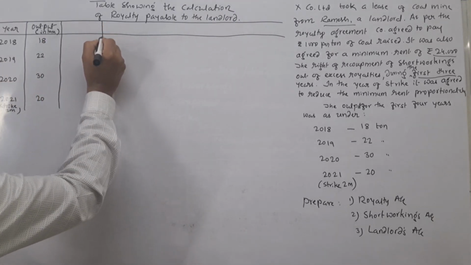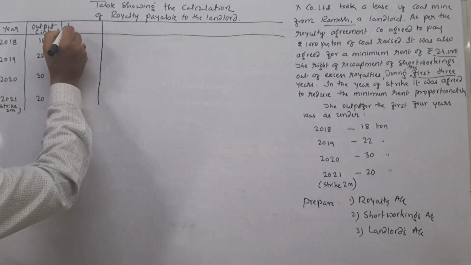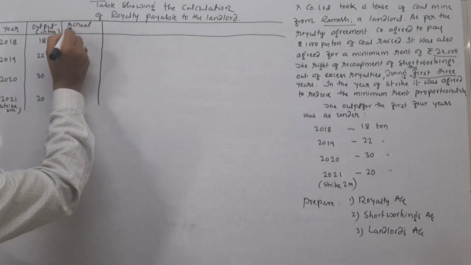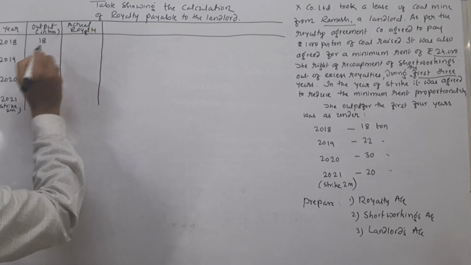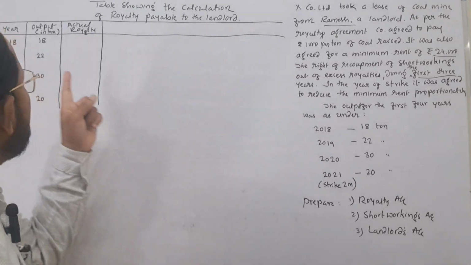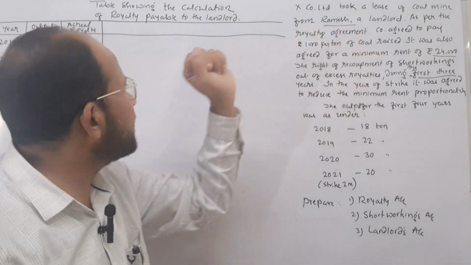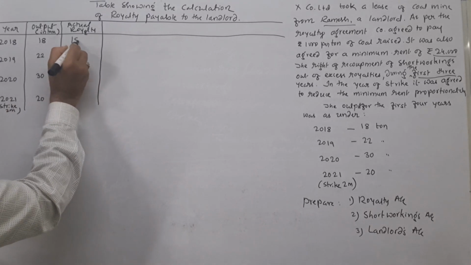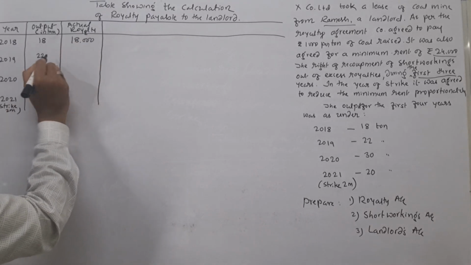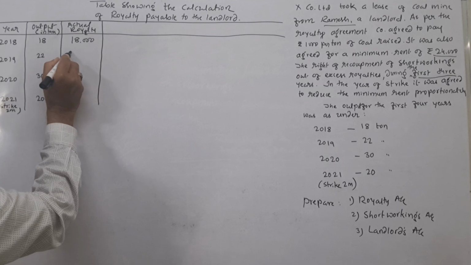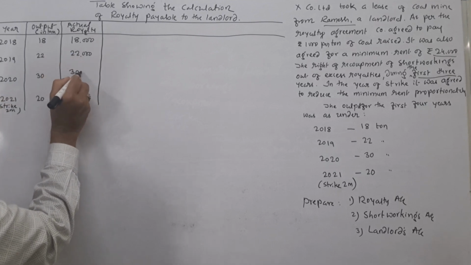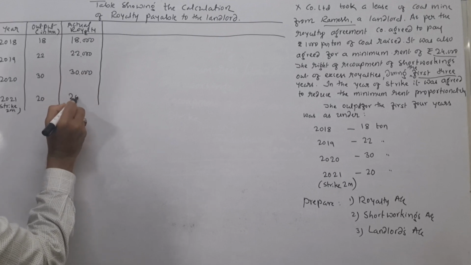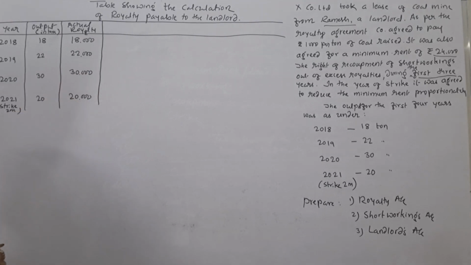Now, we calculate actual royalty in rupees. It comes to how much? It comes to, see, 18 into 1000 comes to rupees 18,000. Next one is here 22 into 1000, 22,000. Next one is here 30,000, and again here you write, okay, 20,000.